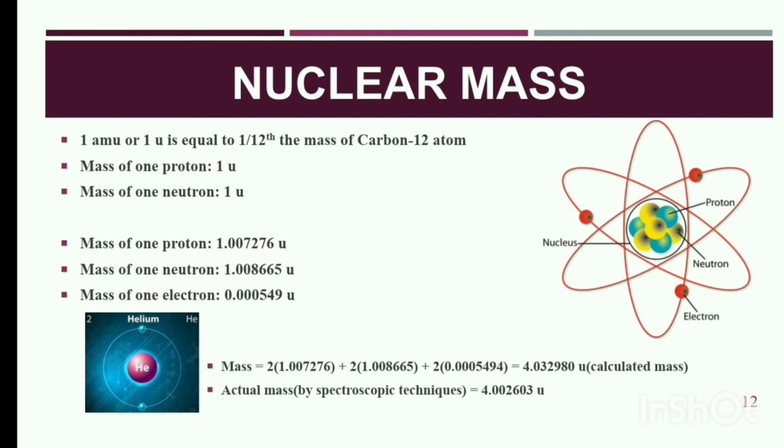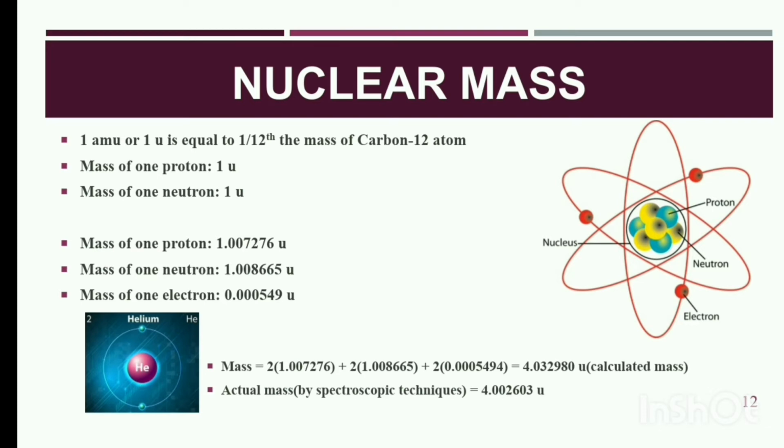But in reality, if we measure the mass of a helium atom using various spectroscopic techniques, the actual mass of the helium atom was found to be around 4.002603 U. So here we can see that there is a difference between the mass that we expect and the actual mass of the atom.